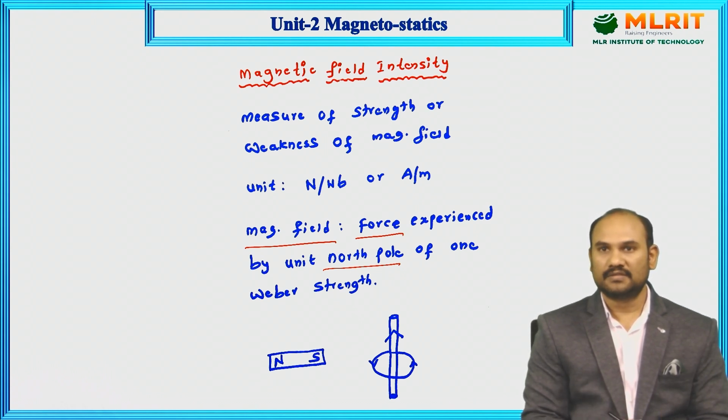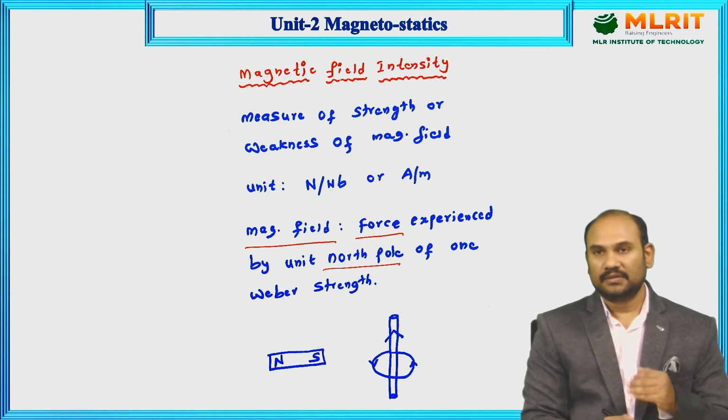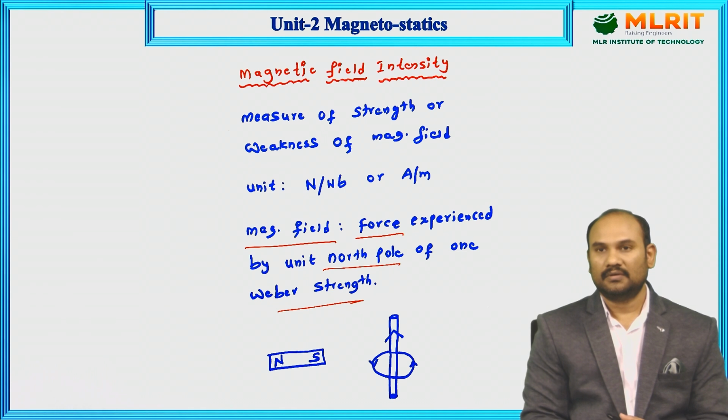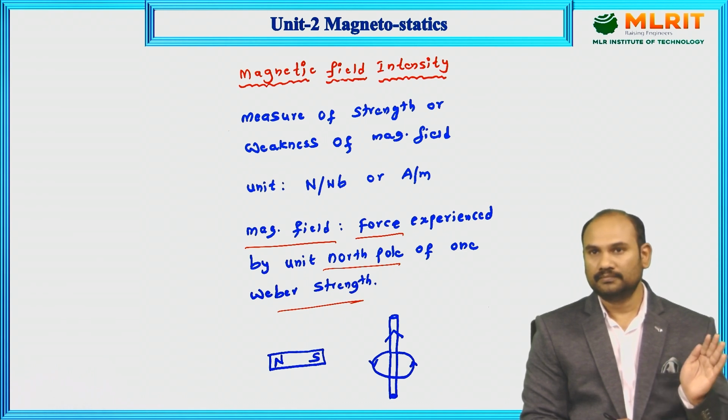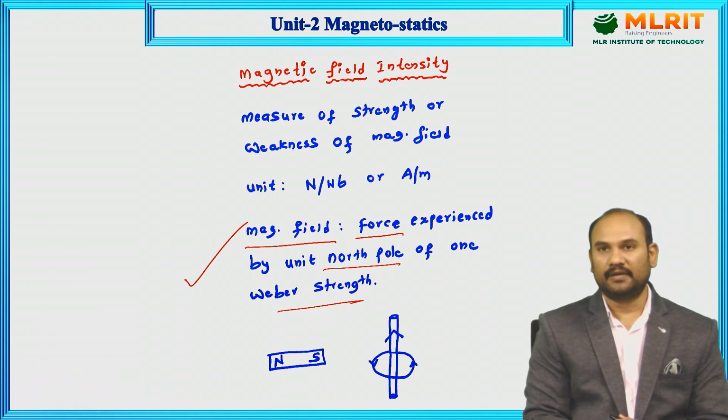That's the only difference. So magnetic field is the amount of magnetic force experienced by a unit magnetic charge. Unit means 1 Weber, because magnetic charge is expressed in Weber. Like electric charge is expressed in Coulomb, magnetic charge is expressed in Weber. This is the definition of magnetic field.